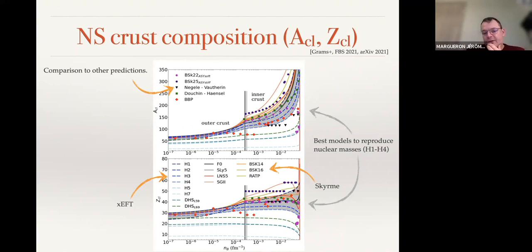And this is, for instance, what is observed for the BSK 25.